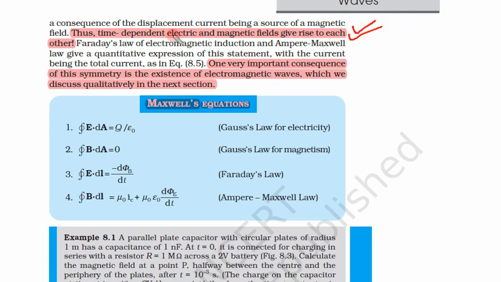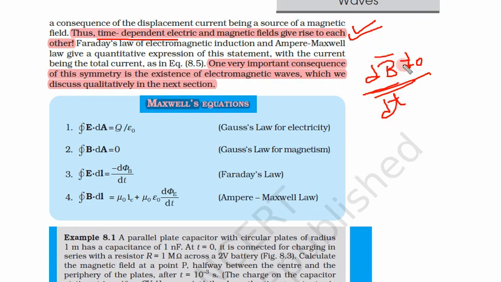But what is important is that these must be time dependent, that means must be changing with time. It is not such that we take just any magnetic field, say it is non-zero, and we get an electric field. No, this must be changing with time.